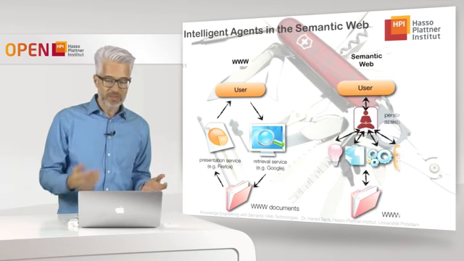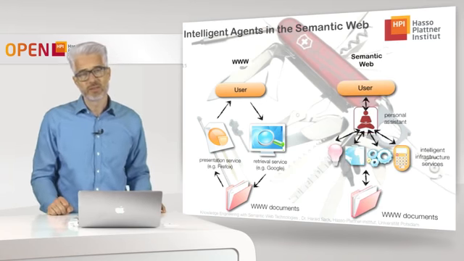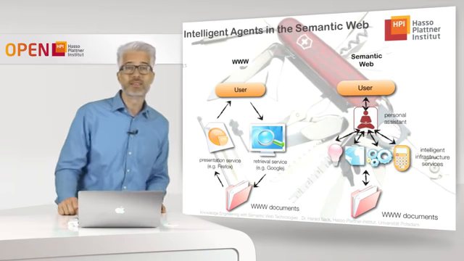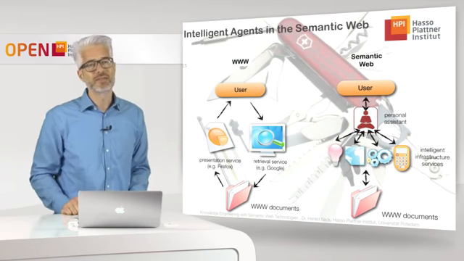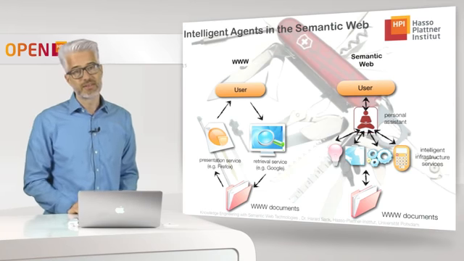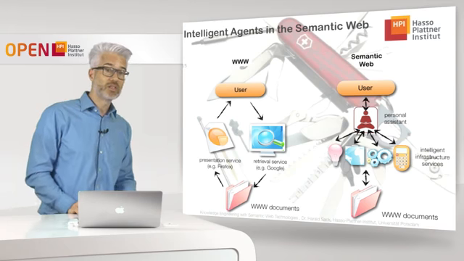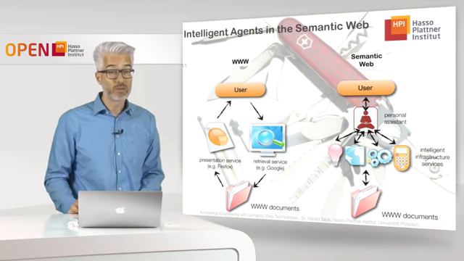In the semantic web, this process is a little bit different. We have here the user, of course, and the user will have something like a personal assistant. And this personal assistant supervises an infrastructure of intelligent services. These intelligent services surf the web and retrieve information from the web according to the user's needs.